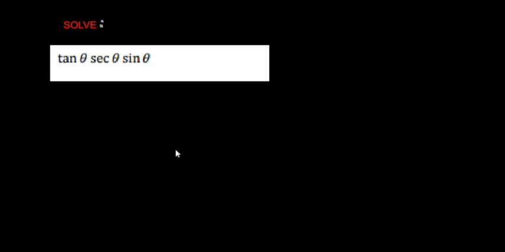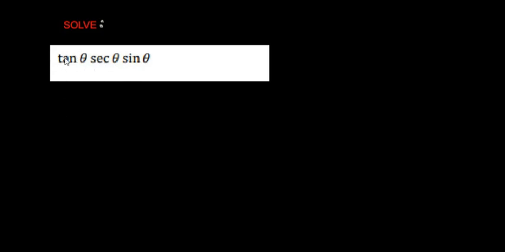These are another set of examples where you have to solve the given question. Here you do not have to verify that left hand side is equal to right hand side. Now, as you can look at the first question, it is given as tan theta times sec theta times sine theta. And as I mentioned earlier, keep the tan, sine and cos the way they are. Do not change them to their reciprocal function, but change their reciprocal functions into the sine, cos and tan form.